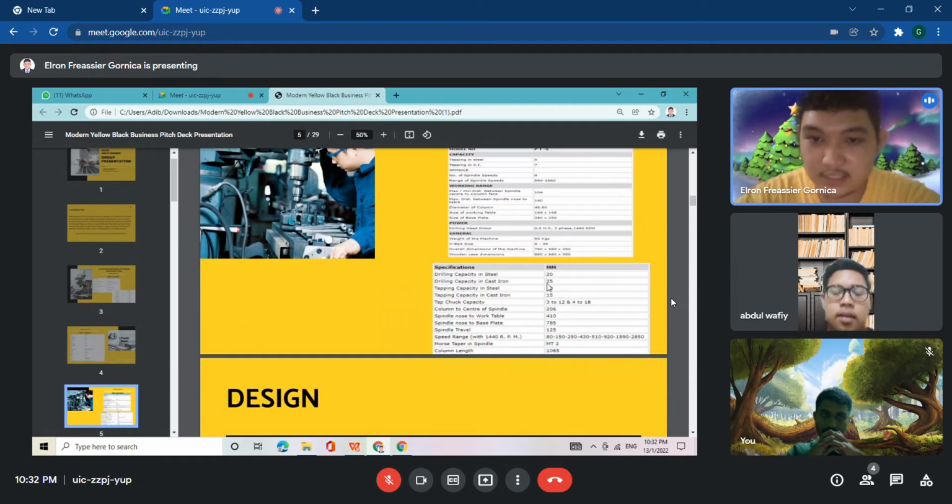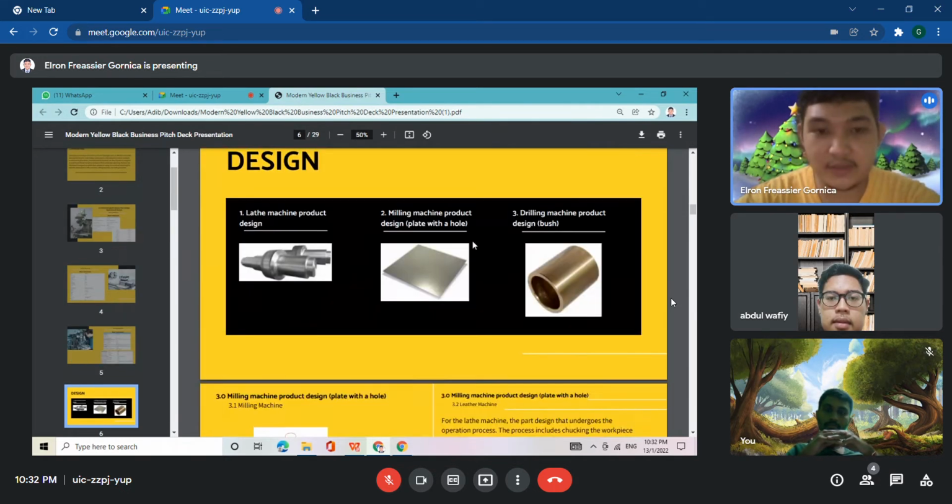The drilling capacity in steel is about 20 millimeter. Drilling capacity in cast iron is about 25 millimeter, and the tapping capacity in cast iron is 3 to 12 and 15 millimeter respectively.